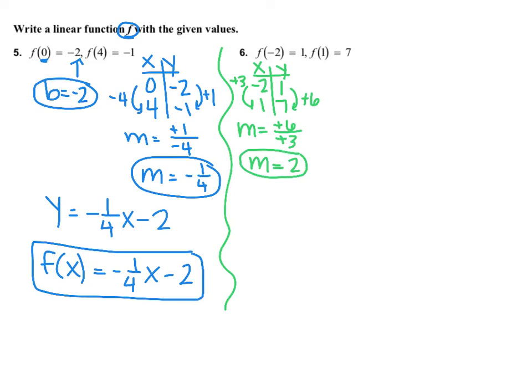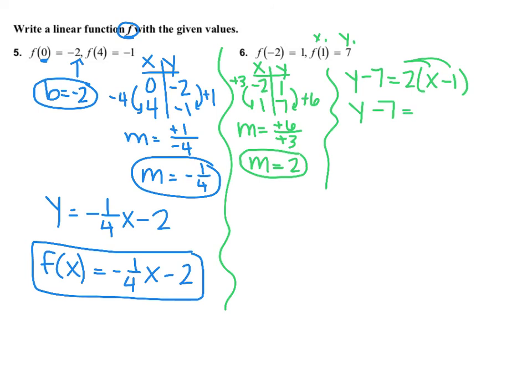If I use point slope form to write my equation, I get the letter y. And if I pick the second point again for my x1 and y1, y minus 7 is m times x minus 1. But I need to write it as a function, so I need y by itself. So I distribute.